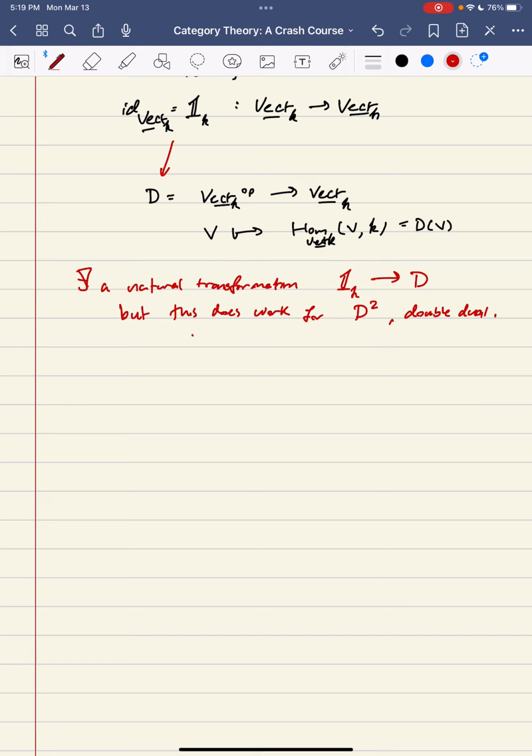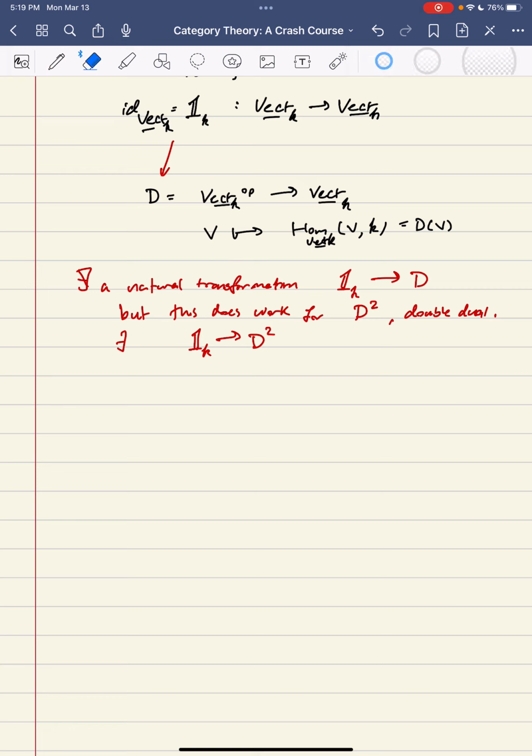In fact, we saw that there is a natural transformation from the identity functor into the double dual functor.